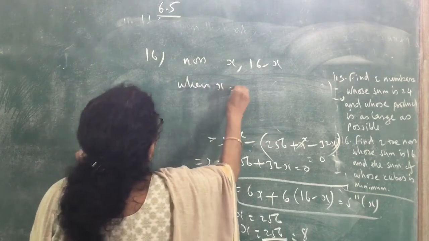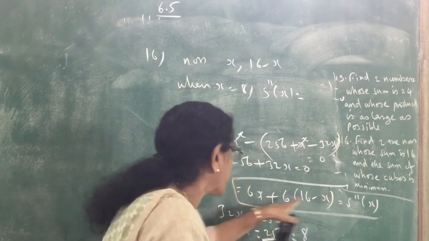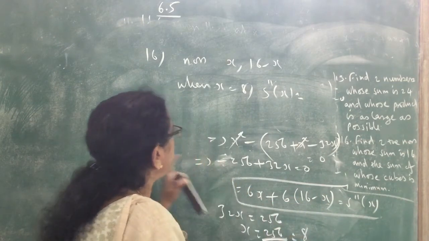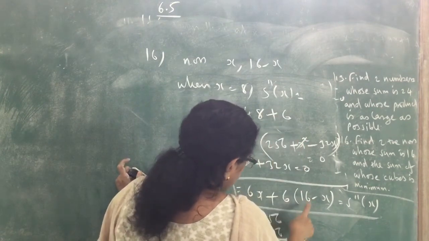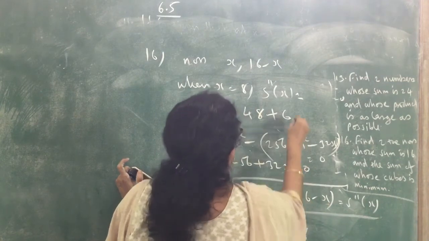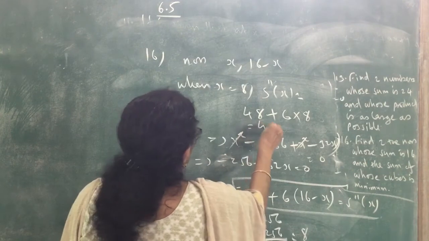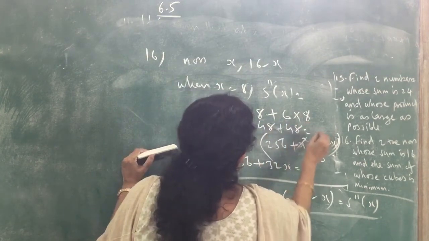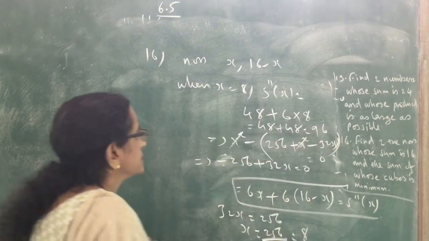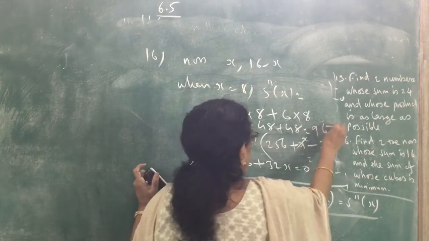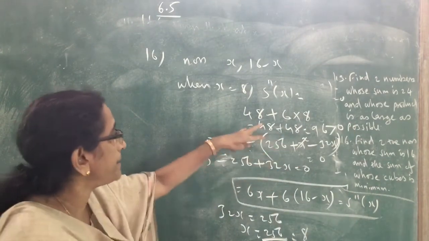When x equal to 8, s double dash x equals, substituting 8 in the second derivative, 6 into 8, 48, plus 6 into (16 minus 8), that is 6 into 8, equal to 48 plus 48, that is 96. So which is greater than 0.